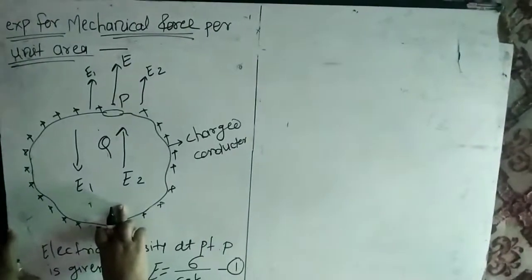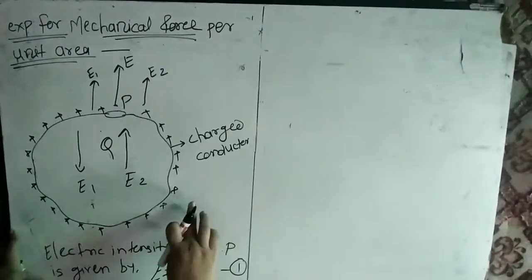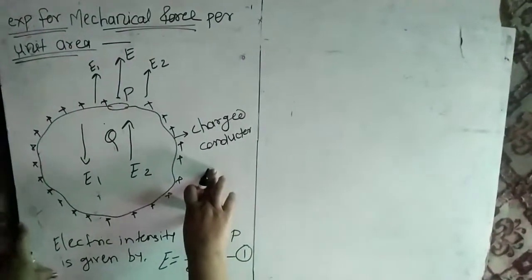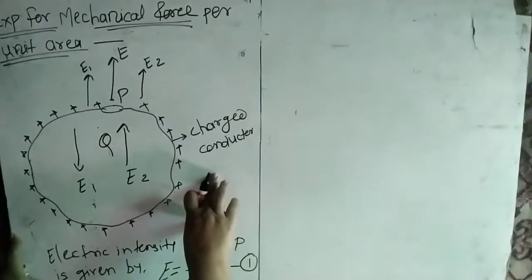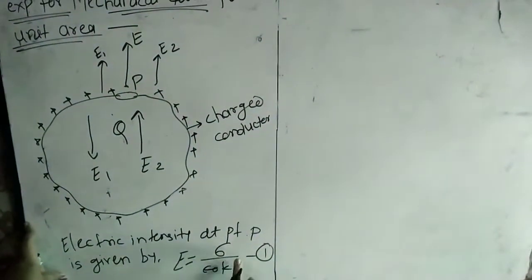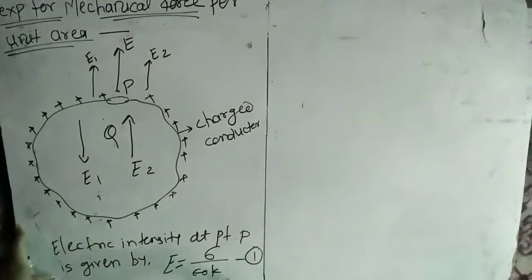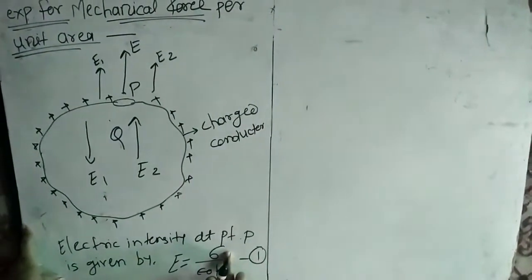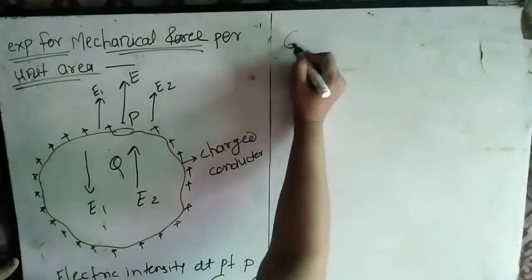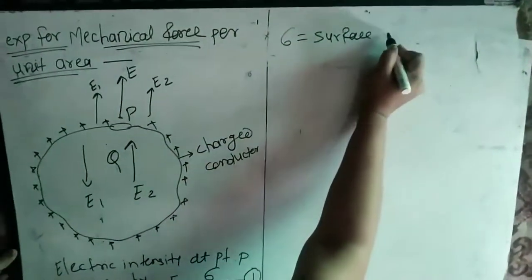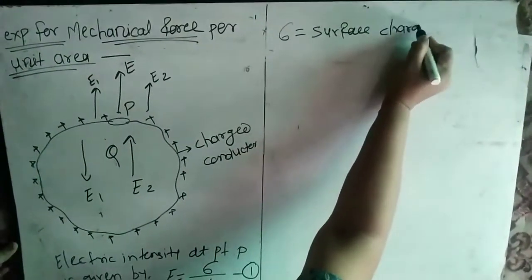Now, let the area be dS, and the electric intensity at a point P is E equal to sigma upon epsilon 0 k, equation first. Where sigma means what? Surface charge density. Sigma is the surface charge density.